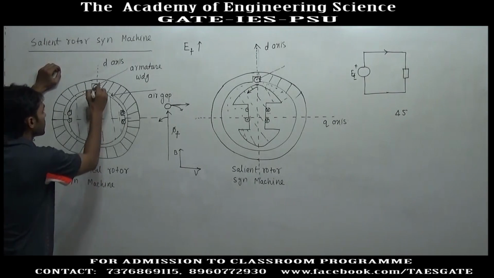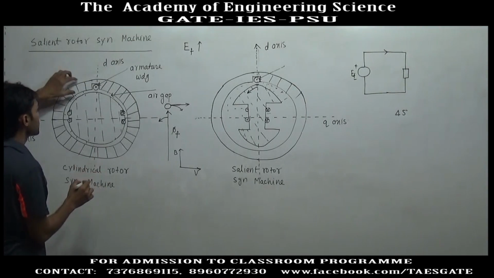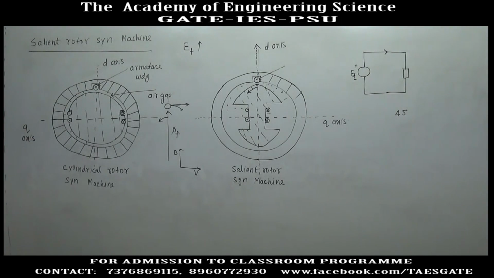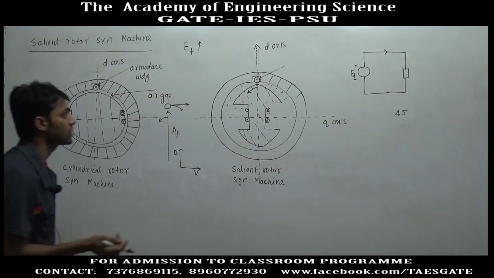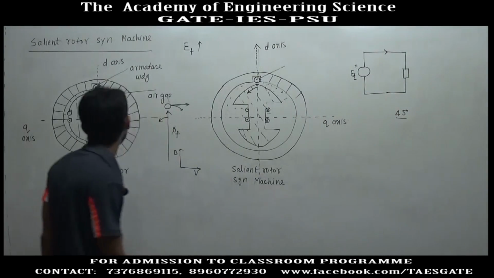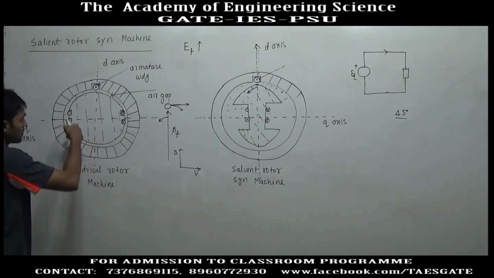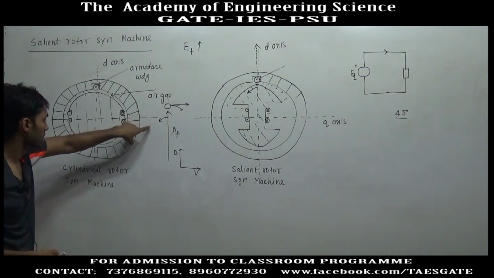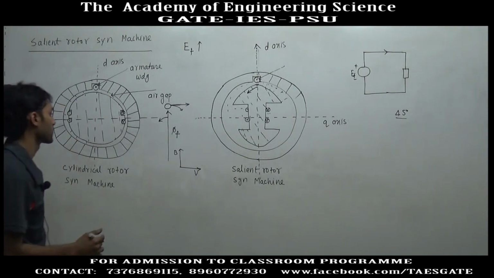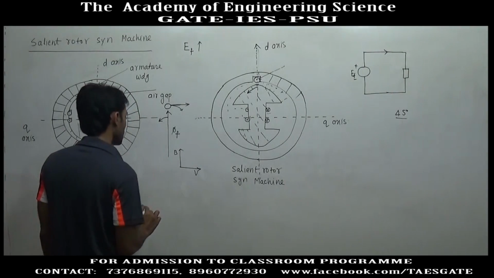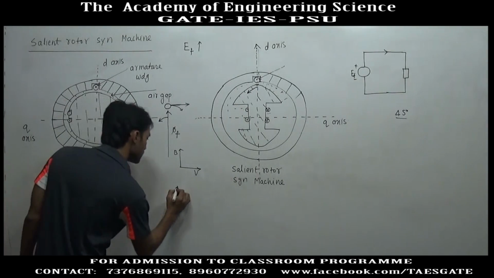At some instant the voltage is maximum, so the instant of maximum current will occur after 45 degrees, and in these 45 degrees this rotor would have rotated anti-clockwise by 45 degrees. So we will say the field axis would have rotated.